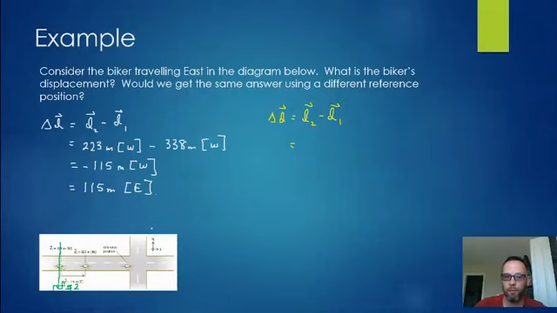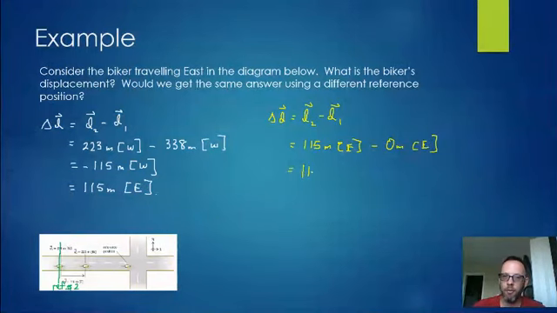But with this new reference position, and using our answer from before, D2, the final position, is actually 115 meters east of this new reference position. So D2 in this new scenario would be 115 meters east. And D1 is just our reference position, 0 meters east.